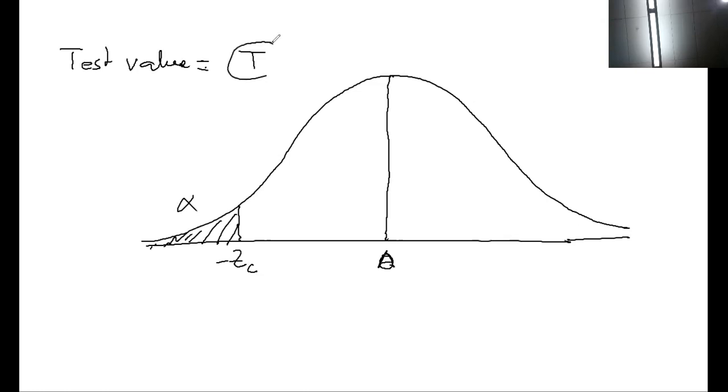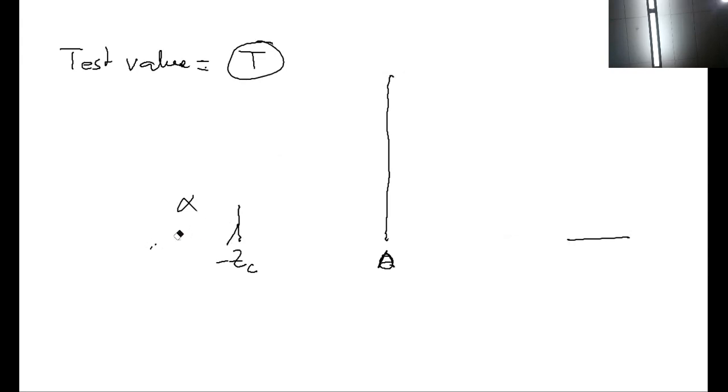So when we compute our test, when we have our test value, we want to determine if the Z value of this test value, which could be the sample mean, the sample proportion, is in this bad area. That means it's inconsistent with the null hypothesis. So if it is somewhere here, we are going to reject the null hypothesis.